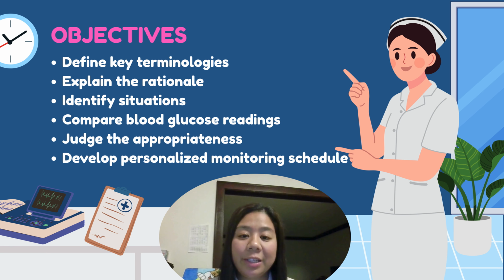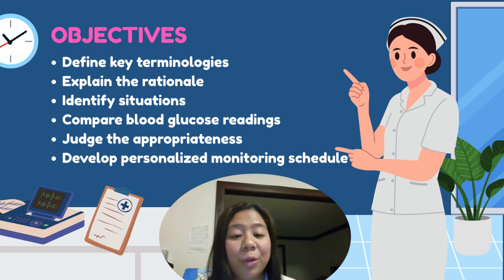For our objectives, first, we will define the key terms such as blood glucose monitoring, glucometer, hypoglycemia, and hyperglycemia. Second is to explain the rationale behind regular blood glucose monitoring for diabetic patients. Third is to identify the situations in which blood glucose should be tested, for example, before meals or when the patient is symptomatic.